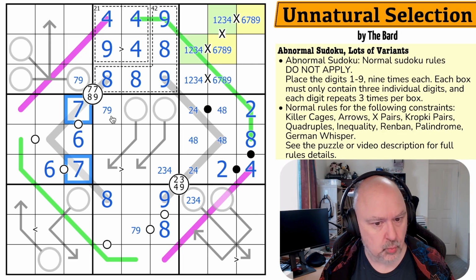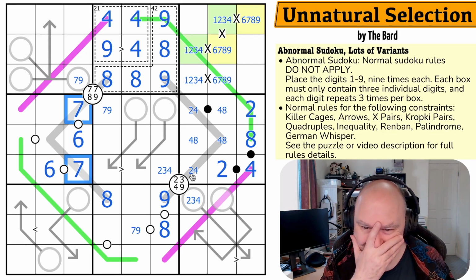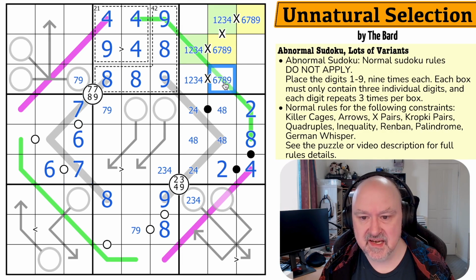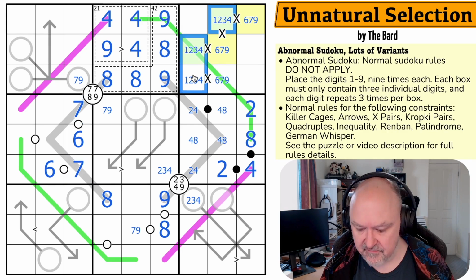Which I don't know what it's doing. Oh, this puzzle is nuts. But I can't put 8 in any of these anymore because I've got all of the 8s. So there's no 2 in any of those.